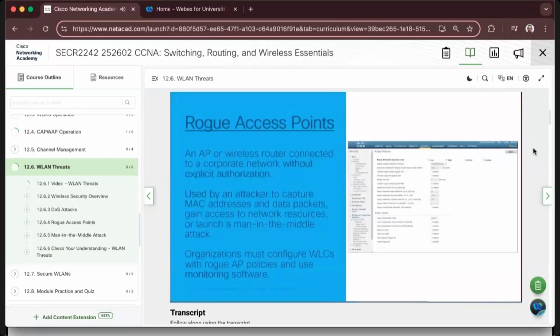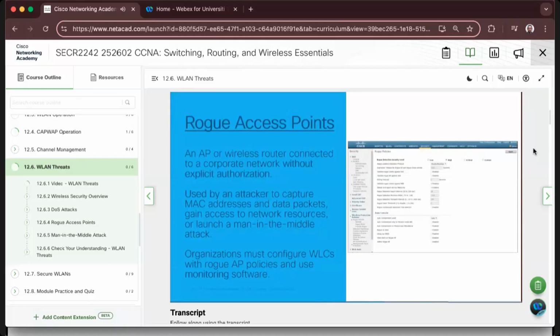Rogue access points are the detriment of wired network security. A rogue access point is an access point or wireless router that has been connected to a corporate network without the explicit authorization of the company. This is completely against company policy. Someone with access to the physical premises can install a very inexpensive wireless router or access point and allow themselves access to the secure wired network resources.